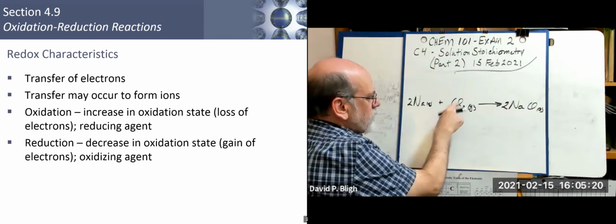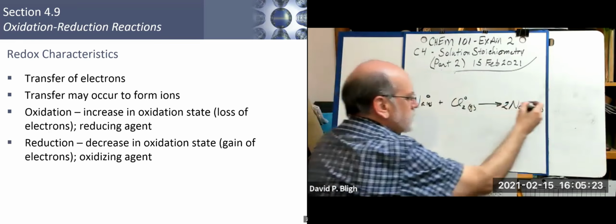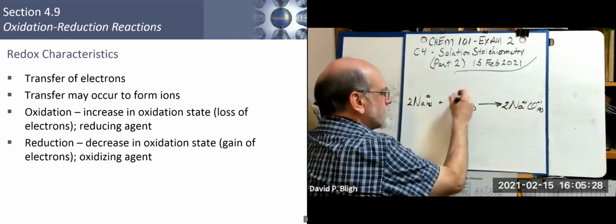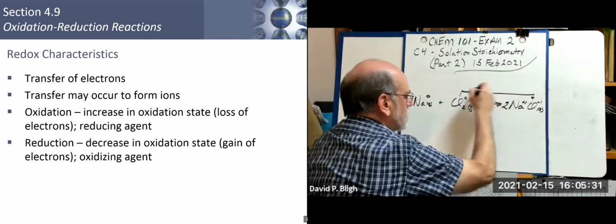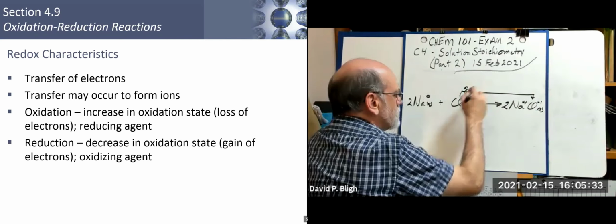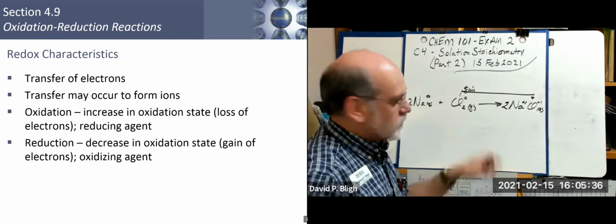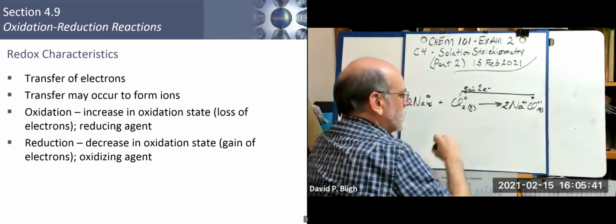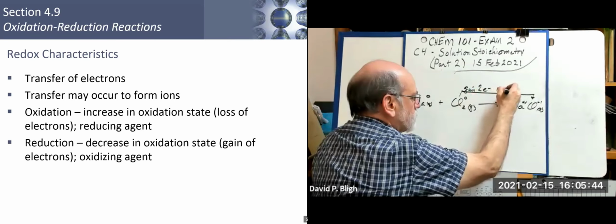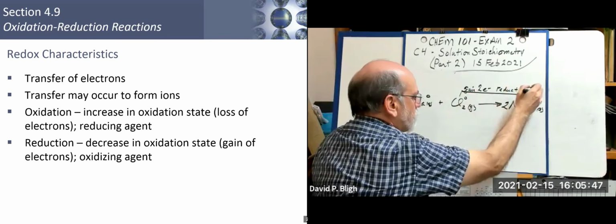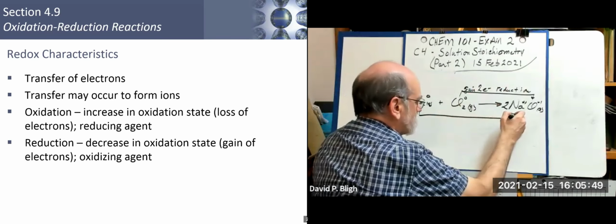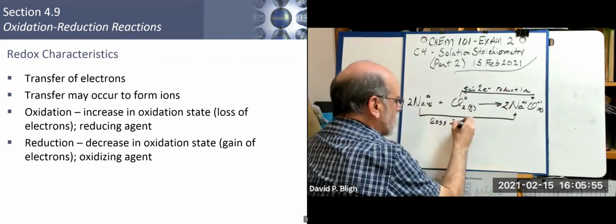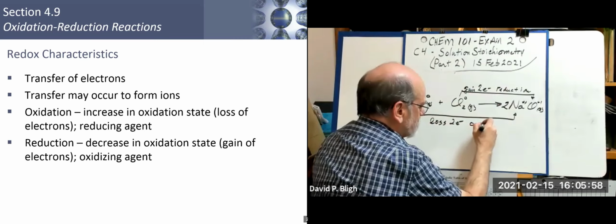Then this is going to go from 0 to a -1, and this is going to a +1. So this is going to gain an electron. Actually, there are 2 chlorines, so it's gaining 2 electrons. And that is reduction. This one has a loss of 2 electrons. It's oxidation.